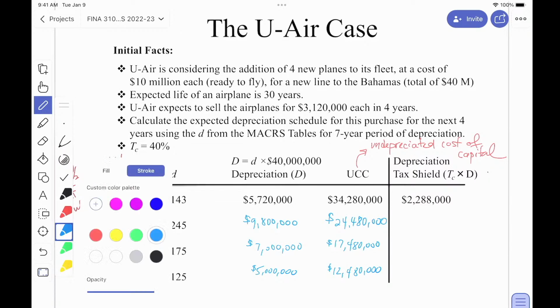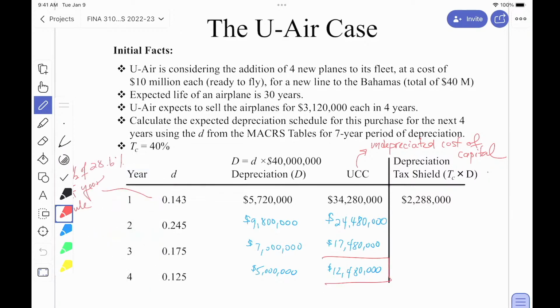So this amount is the book value of the planes. There are 4 planes. So how much for each plane? So we put them all together. How much for each plane?